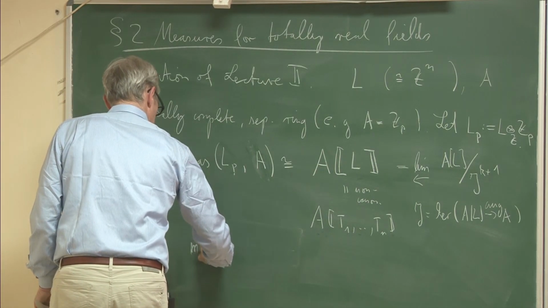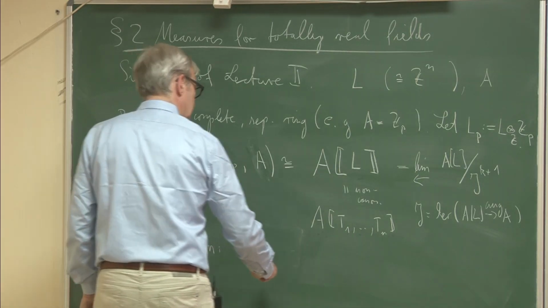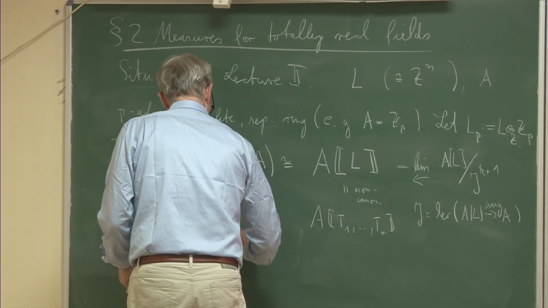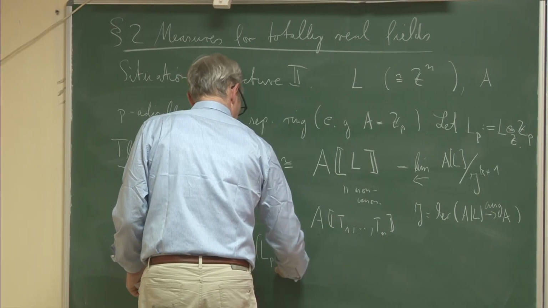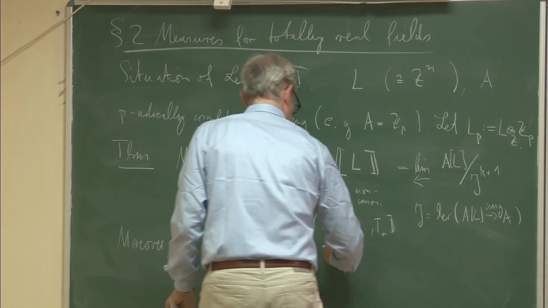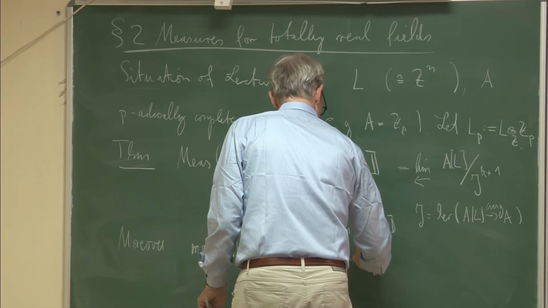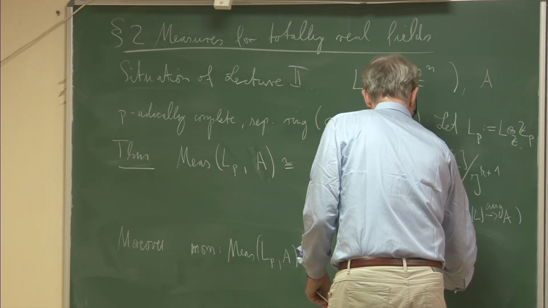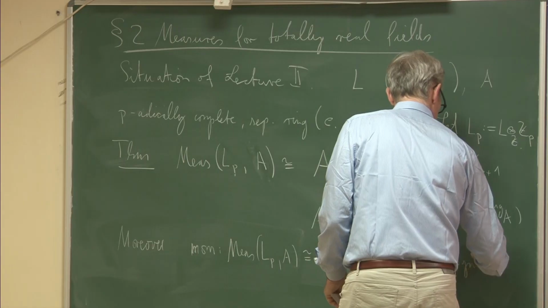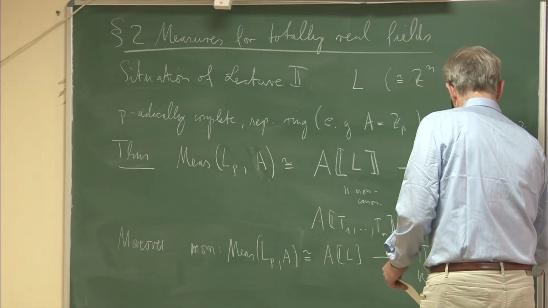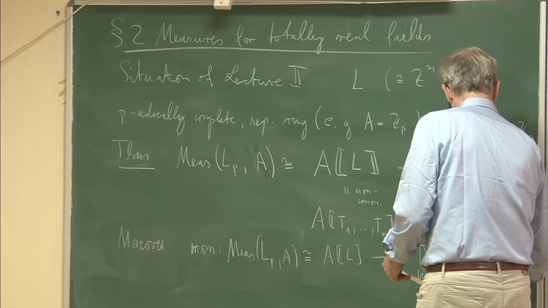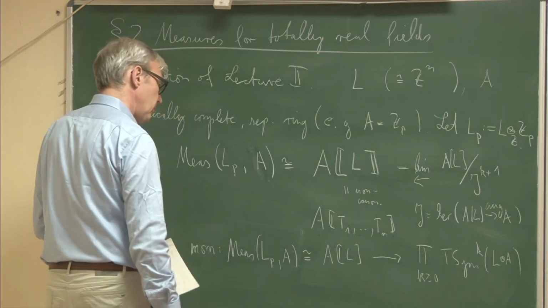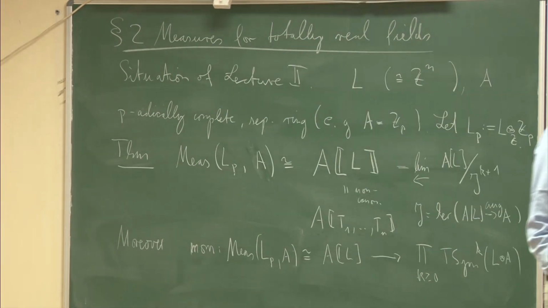so we had in lecture 2 this moment map, and I called this the moment map because it has some relevance here in Iwasawa theory. It goes now from measures on L_p with values in A to the product over k greater or equal to 0 of the symmetric tensor powers of L tensor A. And now the moment map is given as follows.